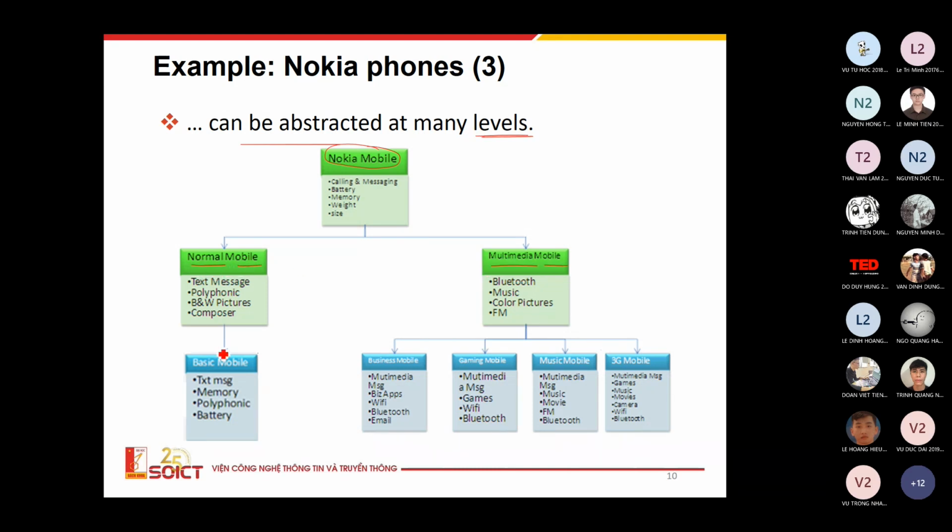And even lower, you have the basic mobile, business mobile, gaming mobile, music mobile, or 3G mobile. So you can describe the thing in different ways, and you can describe it at many levels. Okay, so this just reminds you of what we have learned in the first lesson.